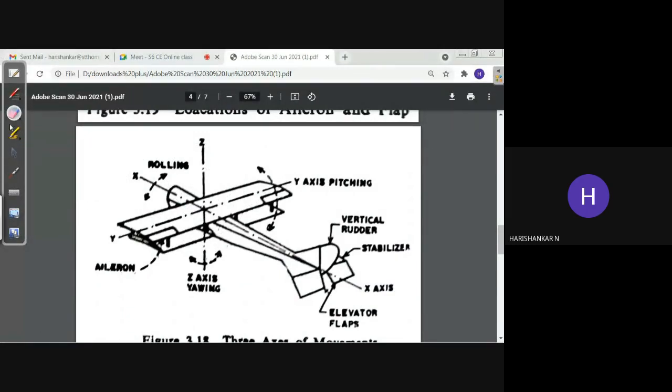And once you speak about the wheel system, you can see the wheels can be configured in different ways. Normally it is having three wheels. One wheel can be provided at the front and two wheels at the rear side.